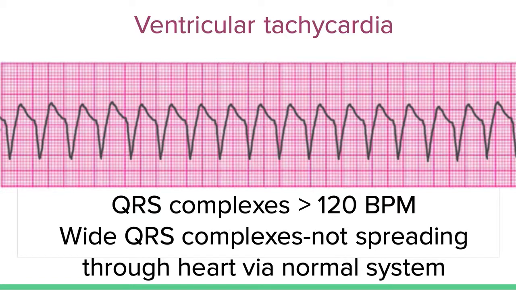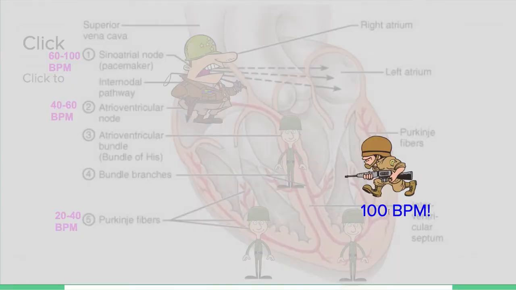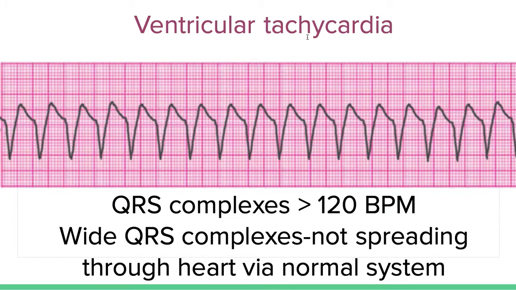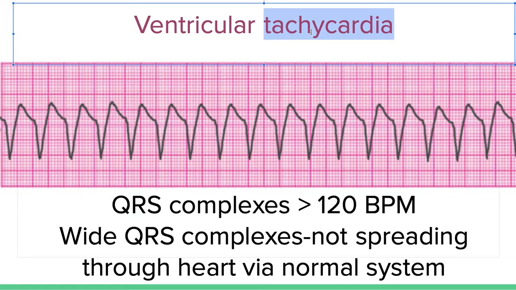Well, very different than the normal ECG that we've seen. Because we have this pacemaker that is firing very, very fast, we're going to call this tachycardia. Remember, tachycardia just means very high rate. But because this signal is originating in the ventricles, that's where our ectopic pacemaker is, we're going to call this ventricular tachycardia.